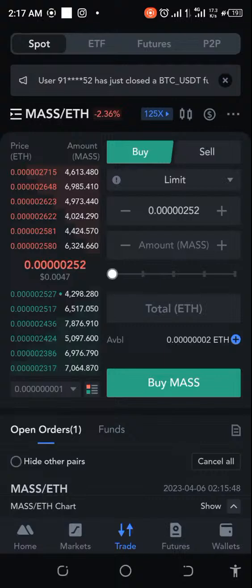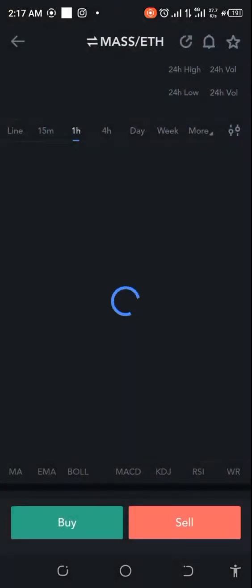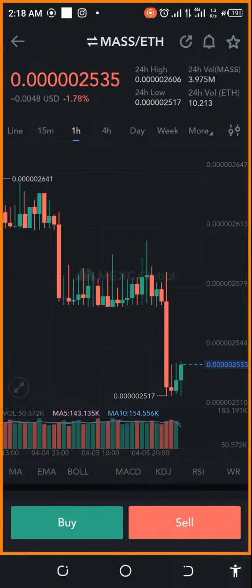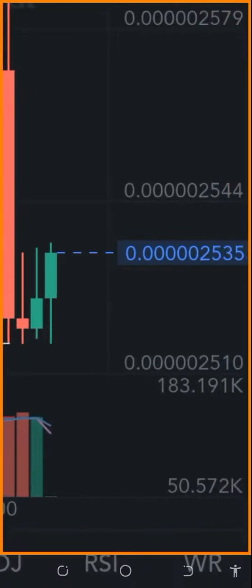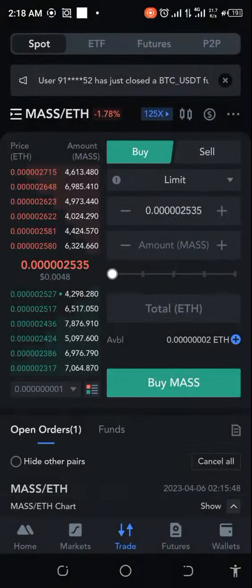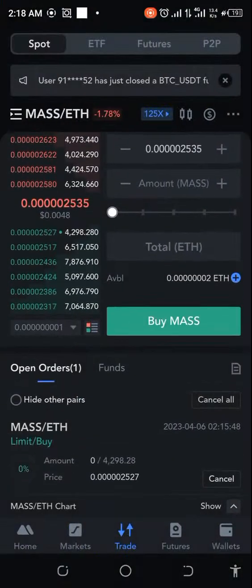So we will check the chart and see what it is looking like. Let's look at the chart. It's actually pumping. It's actually pumping. That means that we really need to go back a little downwards because it's 2535 now. What did we say? Has this gone? No, it hasn't.